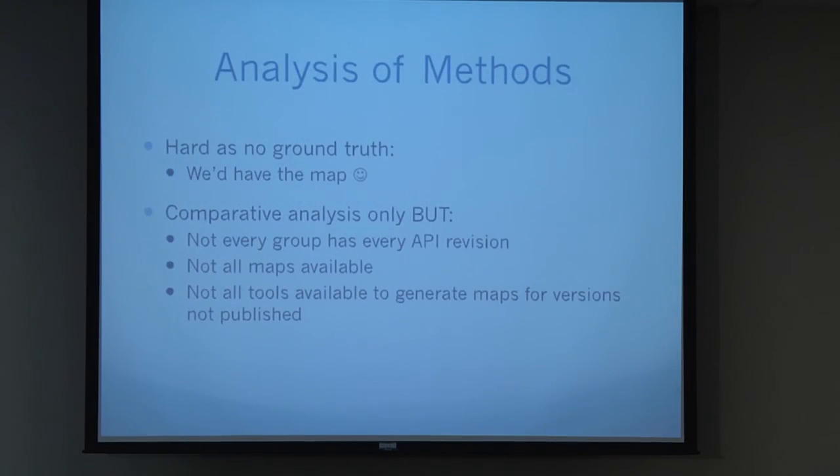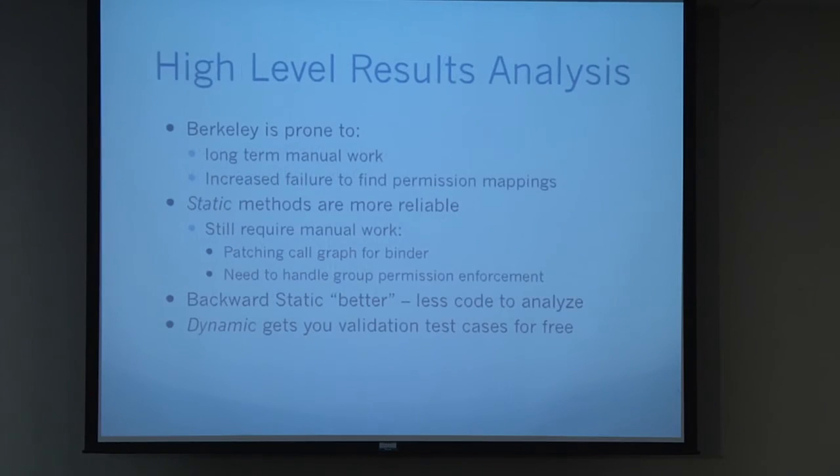So let me just close with this. The dynamic approach to this problem has a lot of issues. There's long-term manual work required and increased failure to find permission mappings. With the static methods, it's a little bit more reliable, but there is some manual work in terms of patching the call graph for the binder, and the need to handle group permission cases, such as internet.